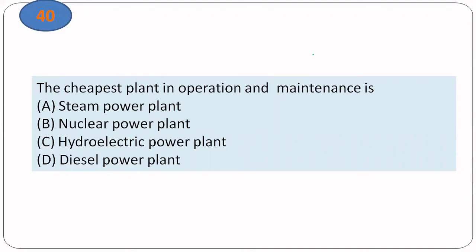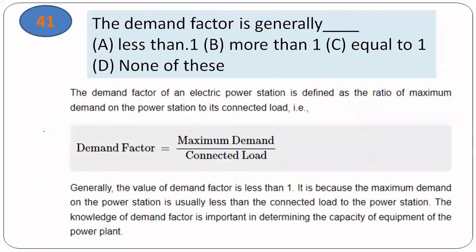Next is the cheapest plant in operation and maintenance, which of course we know is the hydroelectric plant. Next question is about the demand factor. The demand factor will generally have a value less than 1. As you can see here, it is given by maximum demand divided by connected load.